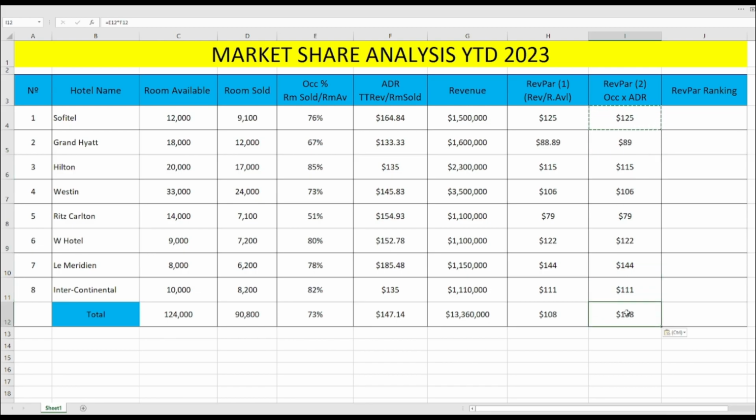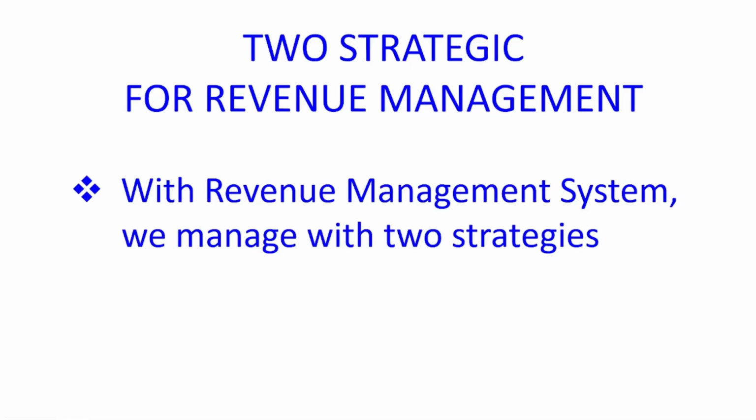Okay, so let's move next to strategy for revenue management. When we talk about revenue management, we have only two strategies, just to make it simple. The first one is called time.